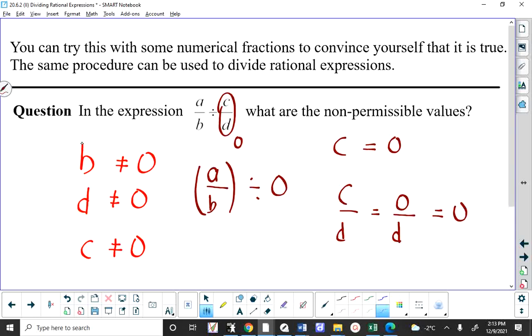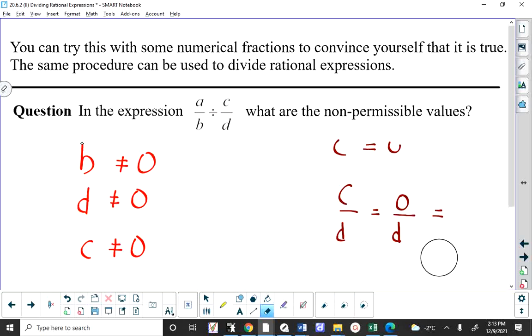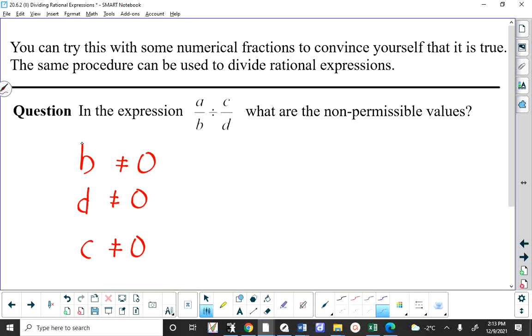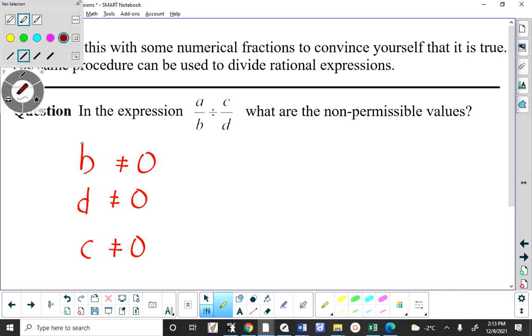So what I'm telling you, and this is the general rule that you want to take away from this, I'm going to erase all of this. This was just my explanation and ramblings on paper, is that when you are dividing two rational expressions, remember how I told you you always eyeball the denominator to determine non-permissible values? I hope so.